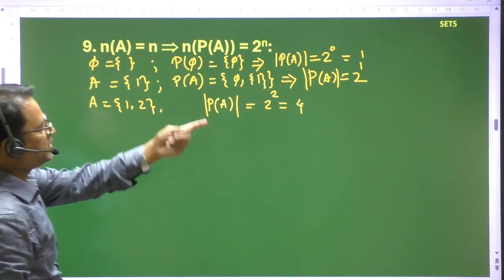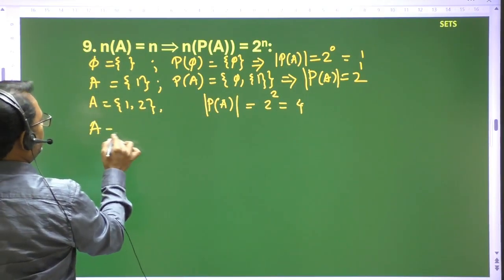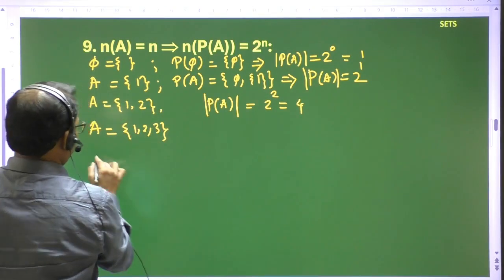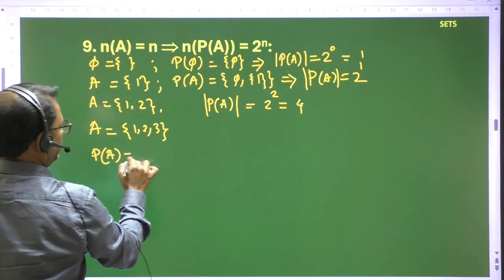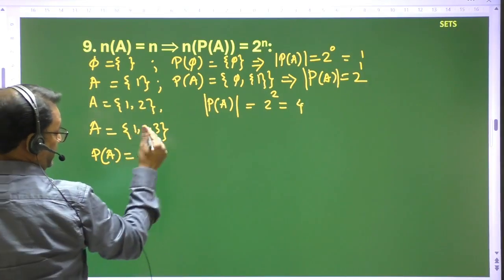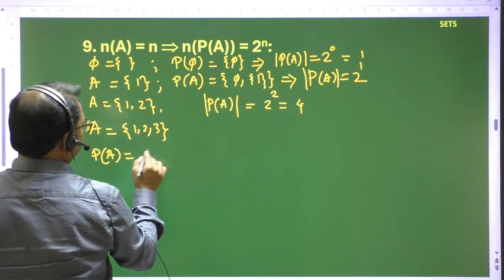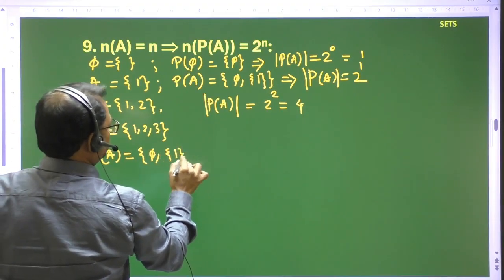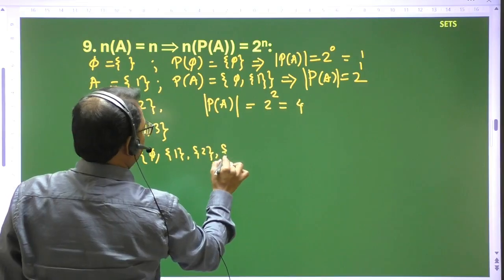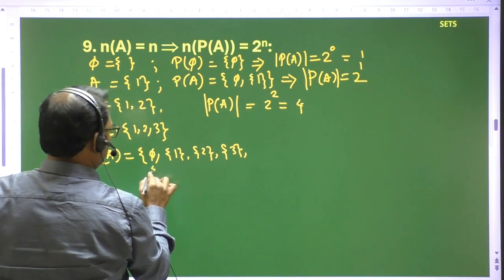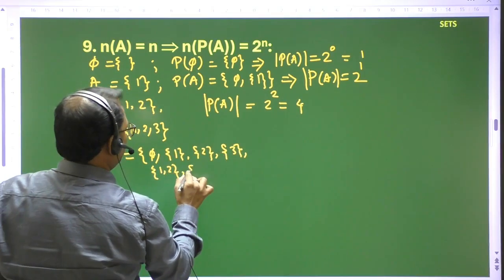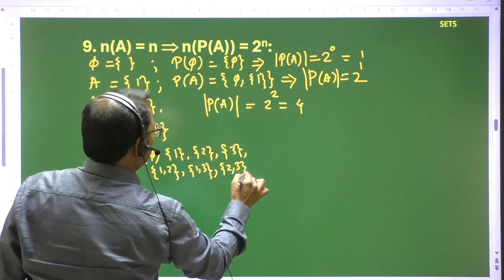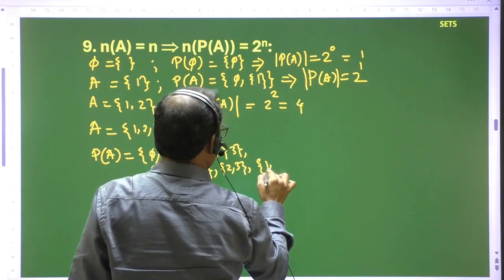So if 2 elements, then we have 2 square. If suppose A is {1, 2, 3}, A contains 3 elements, then how many elements does the power set of A contain? 2 to the power 3, that is 8 elements. How can we calculate the 8 elements? Phi, then we take 1, 2, 3, then 1 comma 2, 1 comma 3, then 2 comma 3, and then 1 2 3.